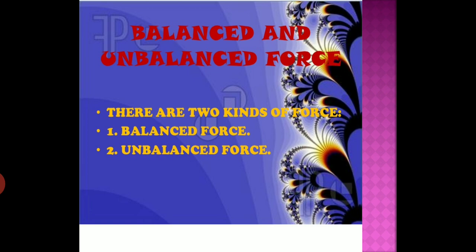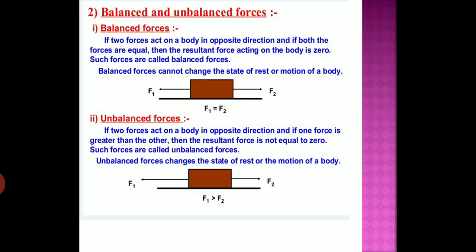Okay students, so there are two kinds of forces, balanced and unbalanced force. You can see this wooden block on a horizontal table. This is the table, you can see, draw the line. There are two strings F1 and F2 tied to the two opposite faces of the block as shown.